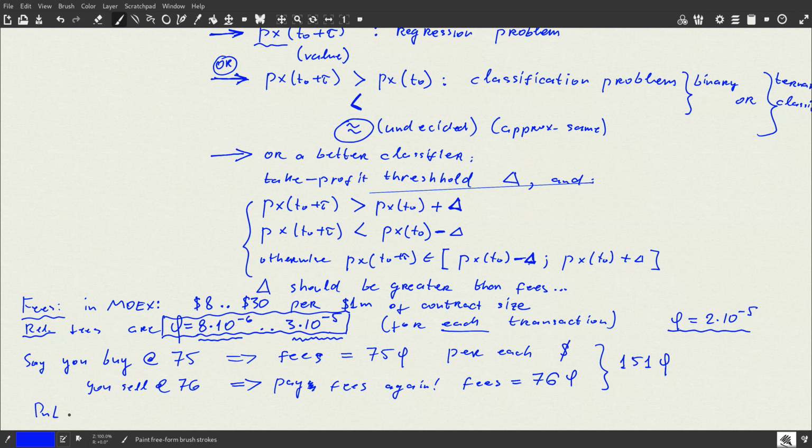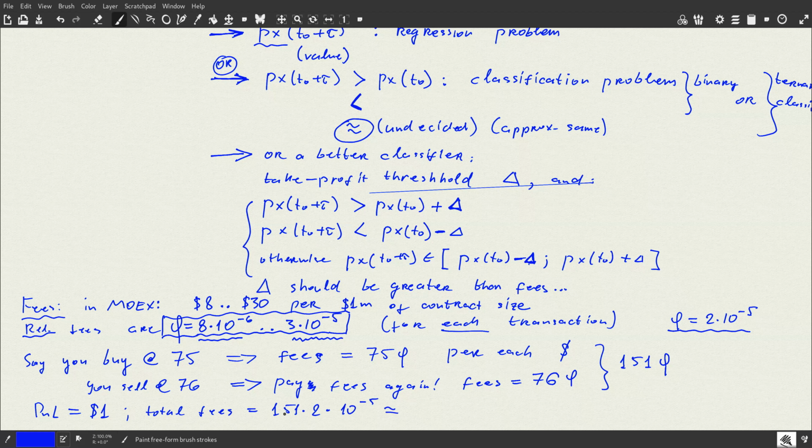P&L is profit and loss. In this case, it is profit. It is $1. All right? If you buy at 75, you sell at 76. The total fees you pay are in this case 151 times 2 10 to minus 5.